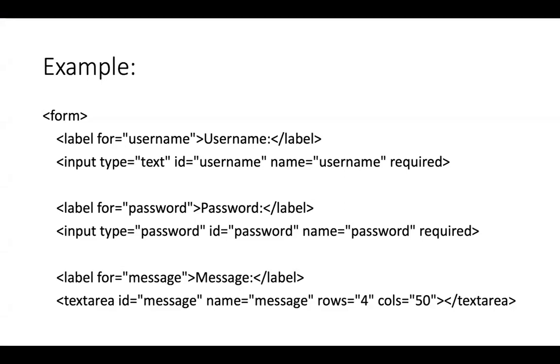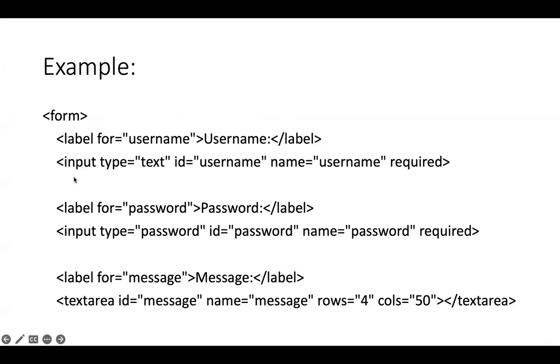All right, here an example. This is the starting of the form tag. Then we are using label. Here we are using this label for username. We can give this for attribute. Then here the label username with a colon, then the closing label tag.